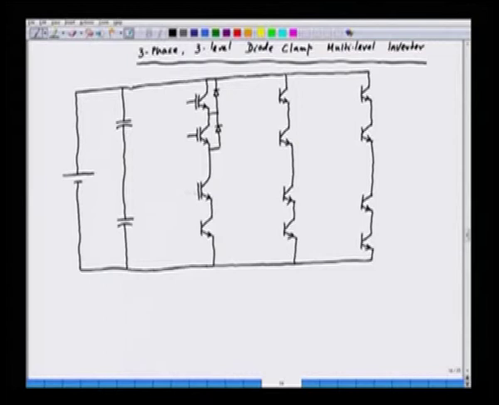Similarly, here also, this is for phase A we are drawing. Similarly, for phase B we have the IGBTs here.